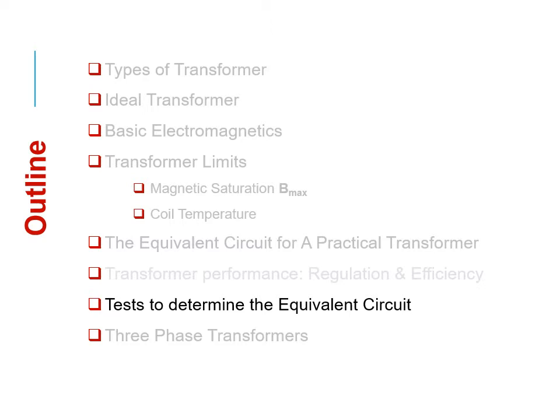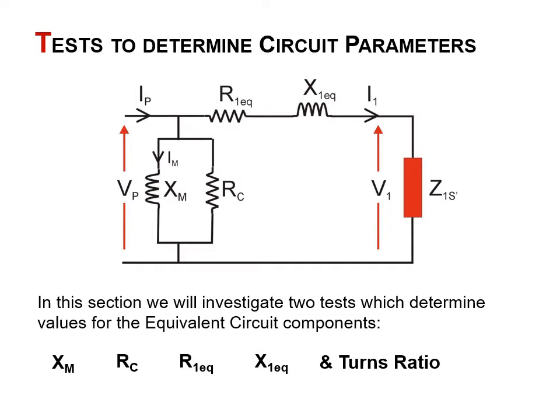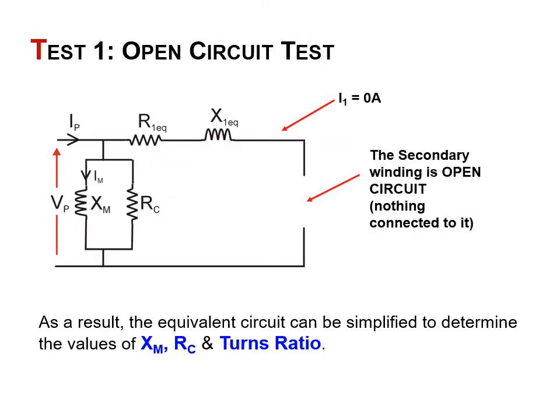So today we're going to look at some tests to determine the equivalent circuit. Hopefully you can recall that last week we looked at how we generate the equivalent circuit, and what we want to do is determine the values of the components.